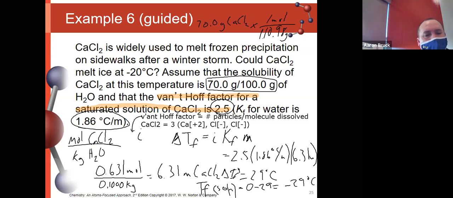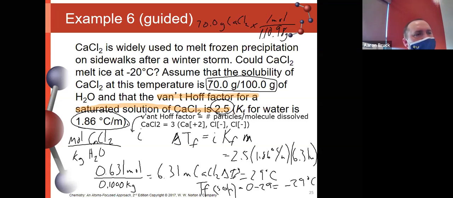But you can see, without that van't Hoff factor there, if we had just taken the freezing point depression constant and the molality and multiplied them together, we wouldn't have come up with 29 degrees. We'd have come up with something about 10, 11 degrees.